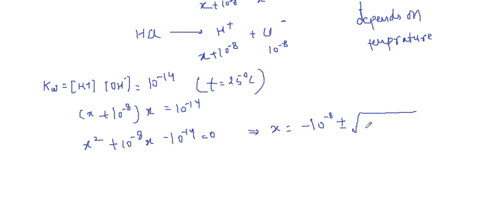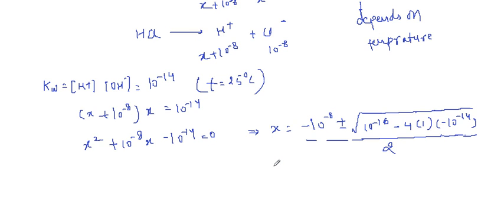B square is 10 to the power minus 16, minus 4. A is 1 and C is minus 10 to the power minus 14, divided by 2.